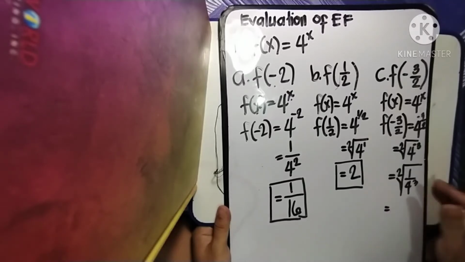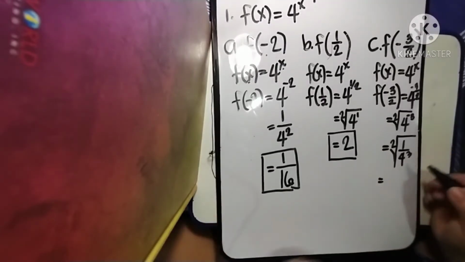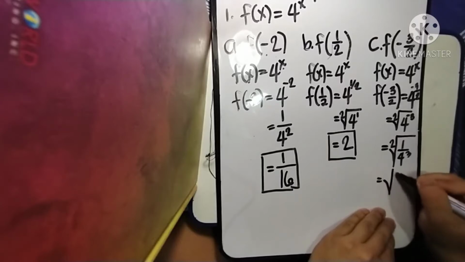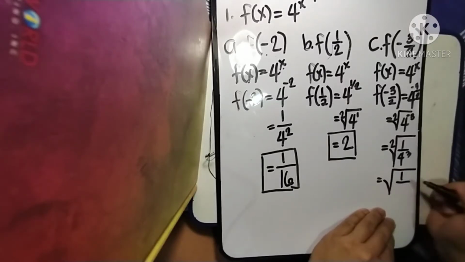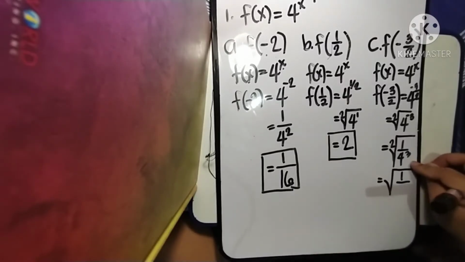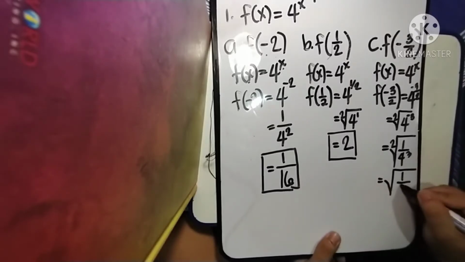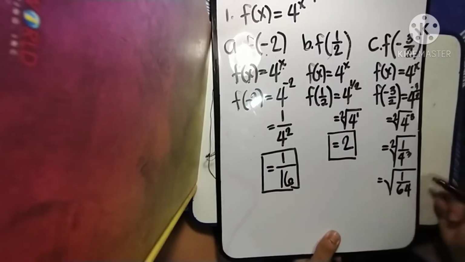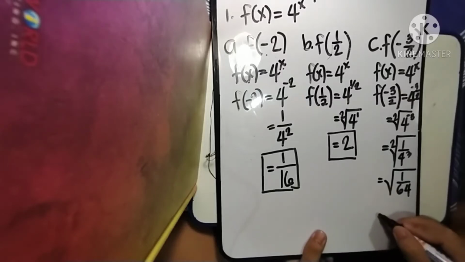Then, 4 cubed is equal to, so we have square root of 1 over 4 cubed. 4 cubed is just equal to, or can be expressed as 4 times 4 times 4. Now, 4 times 4 is 16, times 4 is 64. So, therefore, we have square root of 1 over 64.